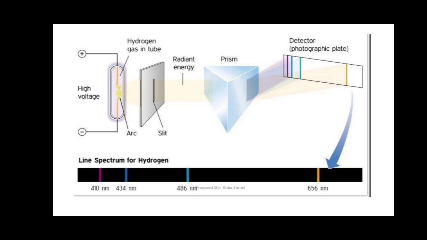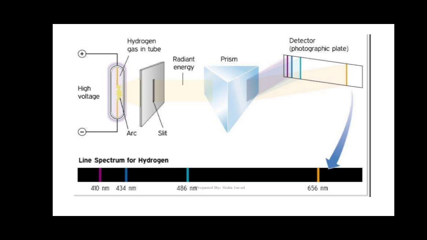The atomic spectrum of hydrogen consists of several spectral lines. This is because the excited state of an electron is short-lived. Hence electrons jump back to the lower energy levels available to them.